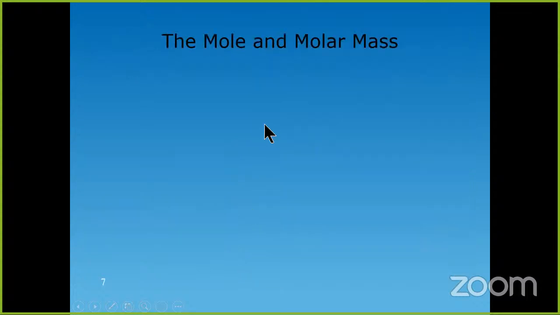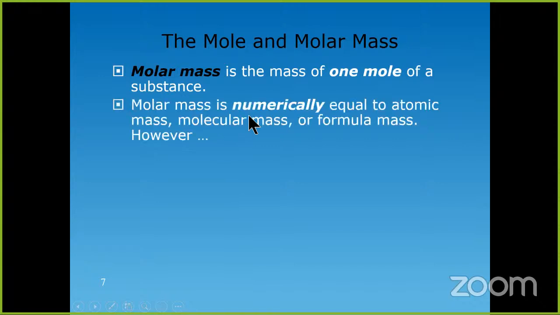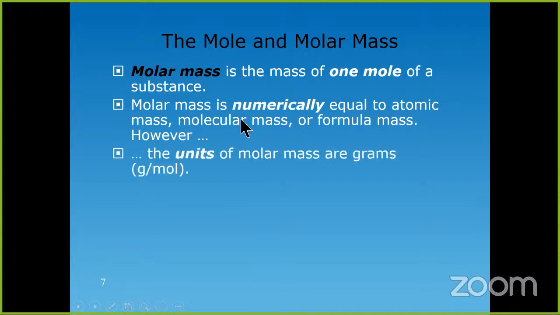In fact, that's what we're going to talk about right now, the molar mass. So the molar mass, by definition, is the mass of 1 mole of a substance. And usually, the molar mass is expressed in units of grams per mole, all right? Now, it turns out that the molar mass is numerically the same as the atomic mass, molecular mass, or formula mass, depending on whether or not you're talking about an element, a molecular compound, or an ionic compound, all right?